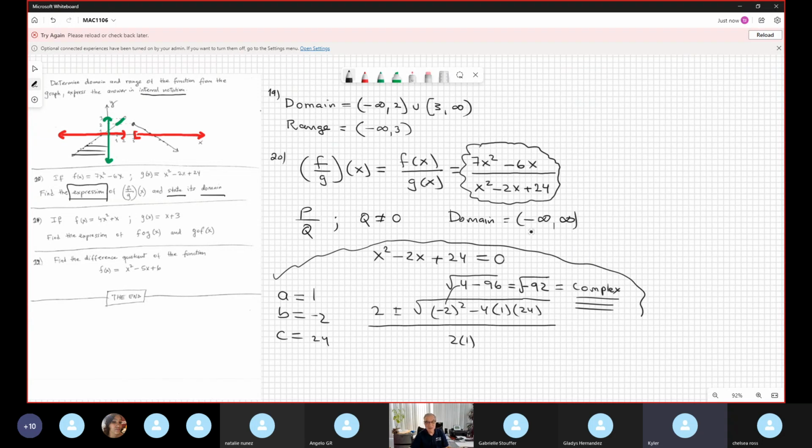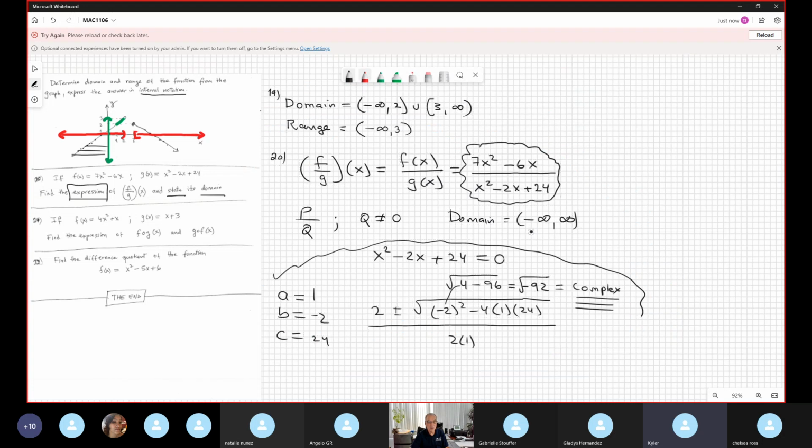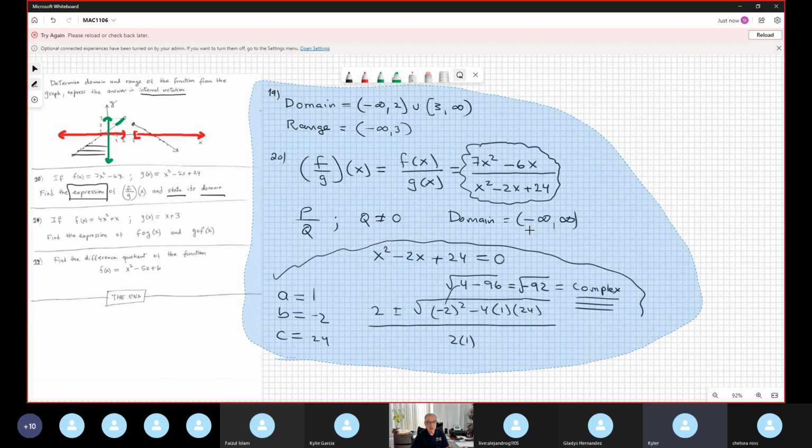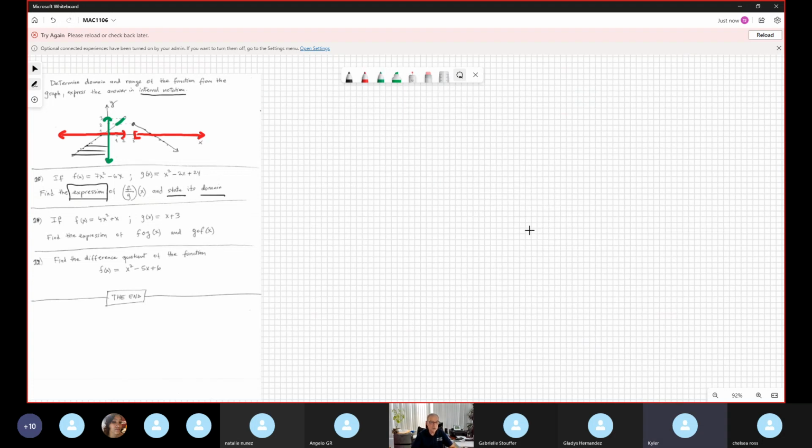21 is easy. The students frequently make a mistake in 21 because they believe this symbol... so in 21 are given two functions.